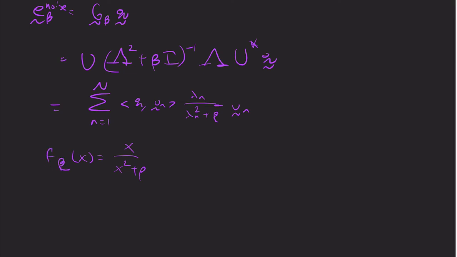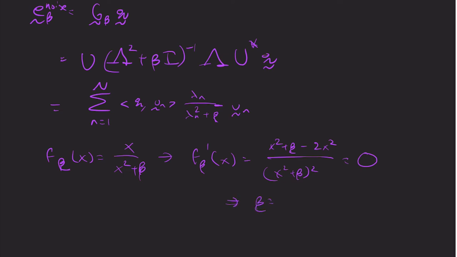Okay, so call it f beta of x is x over x squared plus beta. So let's maximize and minimize this so that we have a bound. So the derivative is x squared plus beta minus 2x squared over x squared plus beta all squared. And we're going to set that to 0.